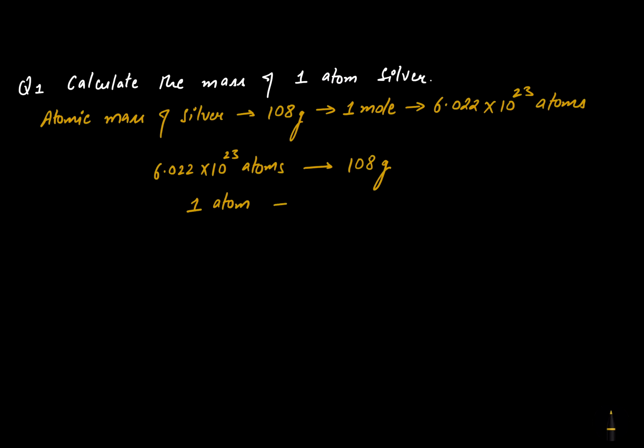The mass of one atom will come out to be 108 divided by 6.022 into 10 raised to power 23, and its weight comes out to be 17.9 into 10 to the power minus 23 gram.